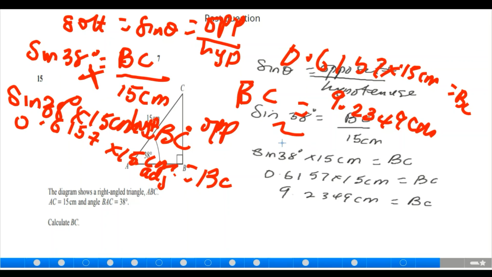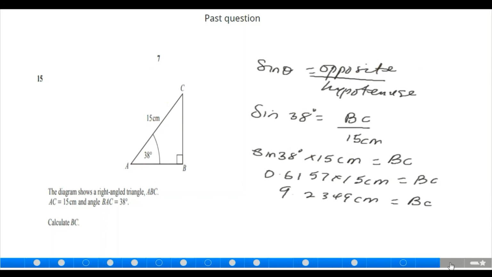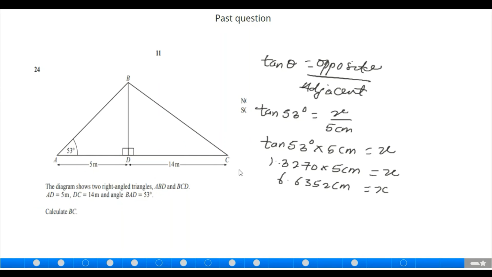Let's quickly approximate that to 2 decimal places. It's going to be 9.23 centimeters, and that's the solution for this. So the line BC is 9.23. Now let's look at the next past question that we have here.